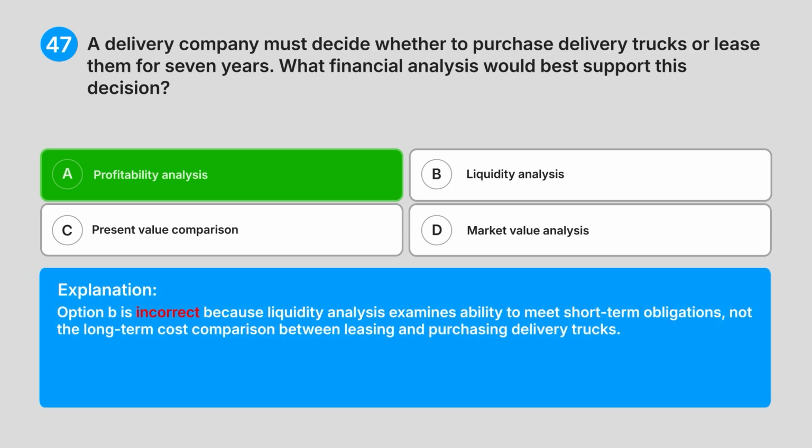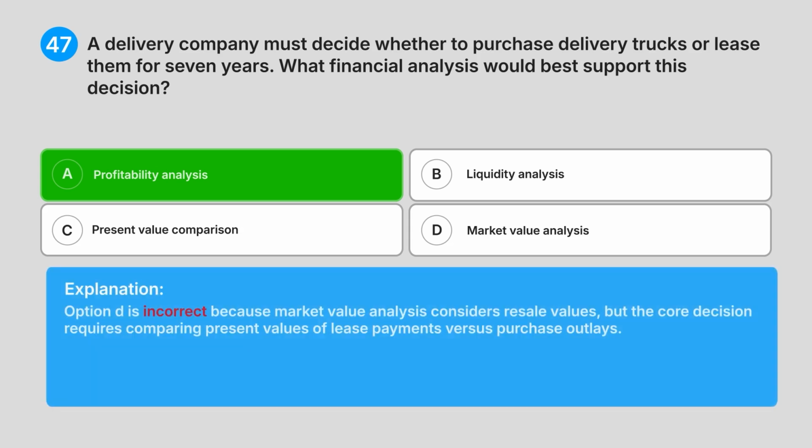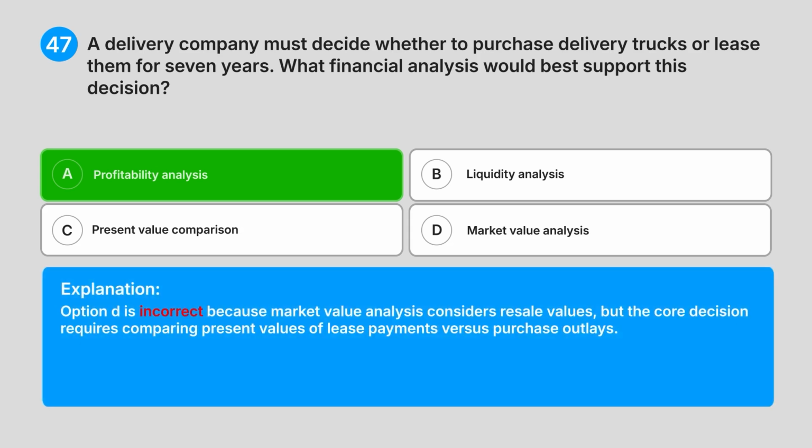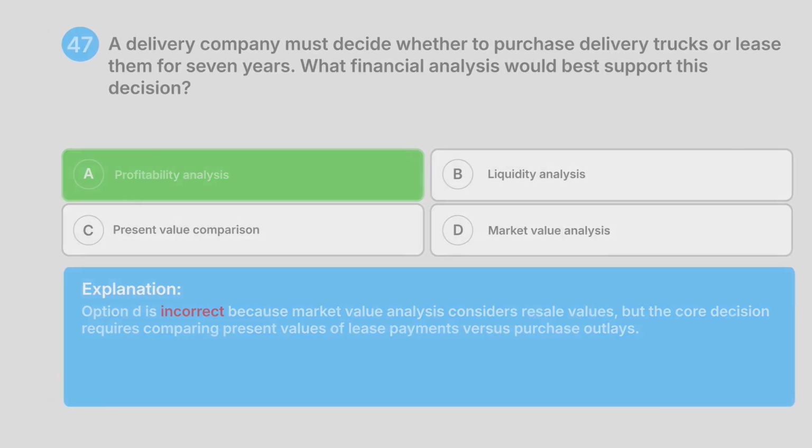Option B is incorrect because liquidity analysis examines ability to meet short-term obligations, not the long-term cost comparison between leasing and purchasing delivery trucks. Option D is incorrect because market value analysis considers resale values, but the core decision requires comparing present values of lease payments versus purchase outlays.